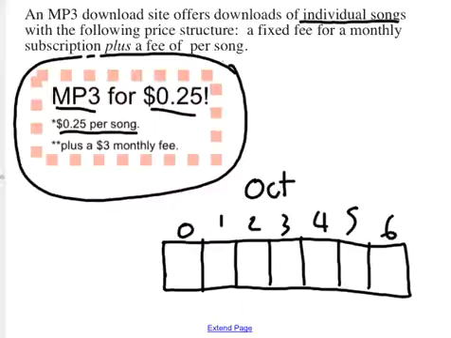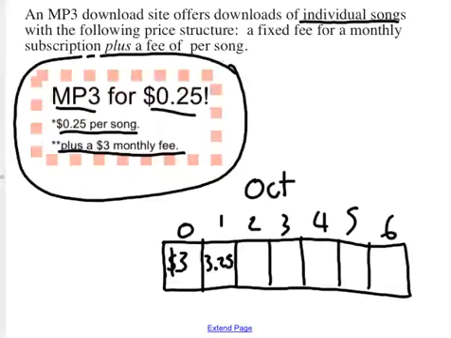If I buy no songs, there's still that pesky monthly fee of $3, so this is going to cost me $3. Now, if I buy 1 song, every song is 25 cents, so I'm going to be paying $3.25.